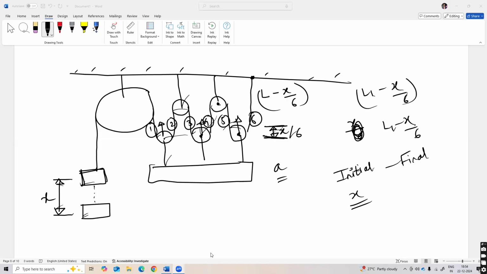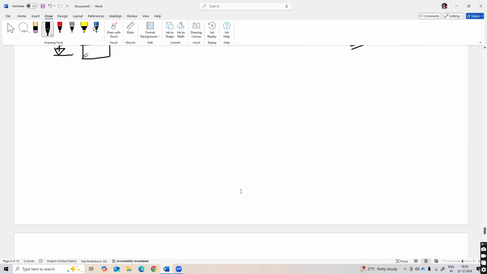Okay, I will explain it again. I will draw two more diagrams, which will be much easier to understand.